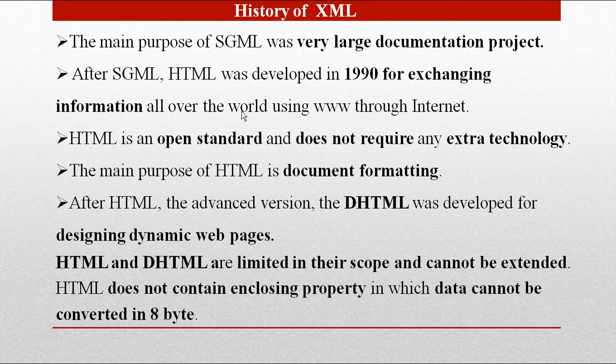Actually WWW is the concept of Tim Berners-Lee, and he also developed it. So we are thankful to the scientist Tim Berners-Lee because he developed web technology for us. HTML is an open standard and does not require any extra technology. The main purpose of HTML is exchanging information and document formatting.